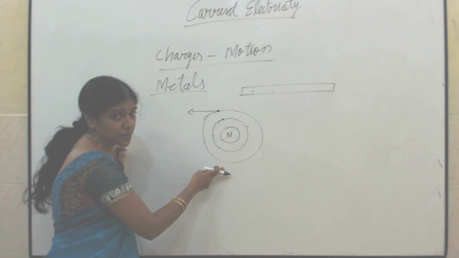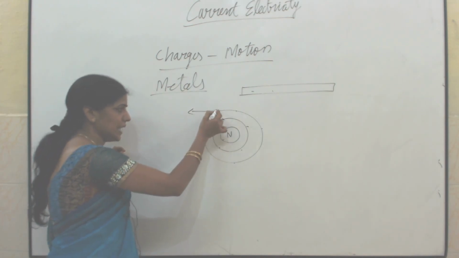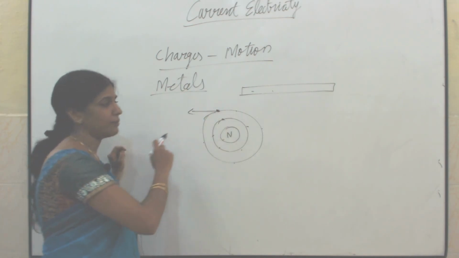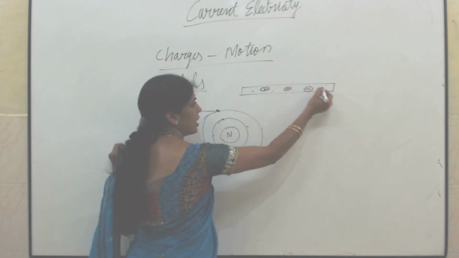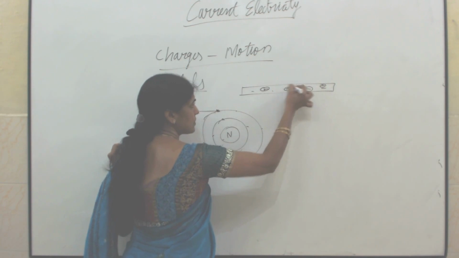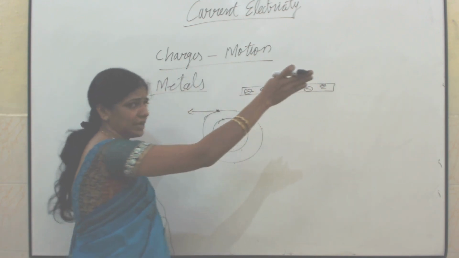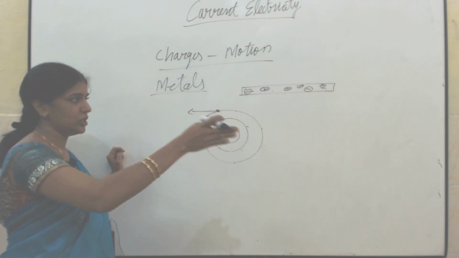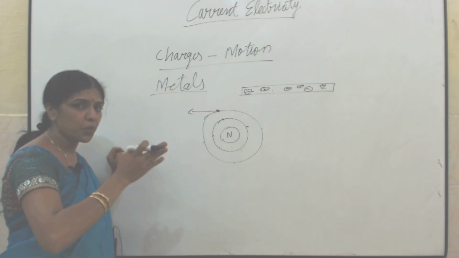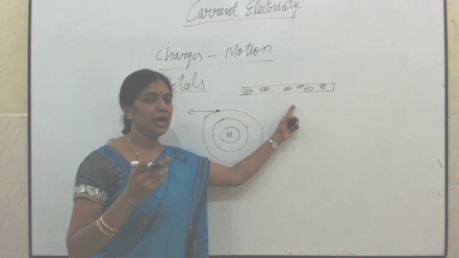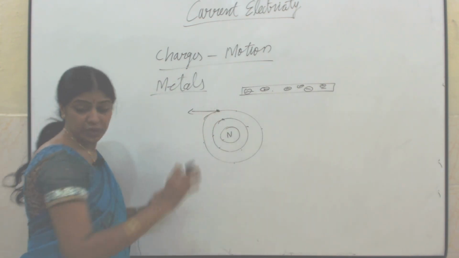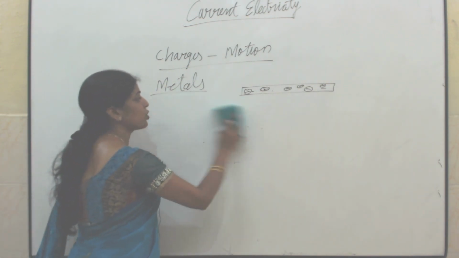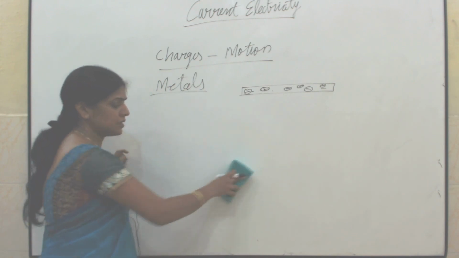Now, this atom will become a positive ion, and the electrons taken out from the atom will be moving inside the conductor in a random direction. They will not move in a definite direction. They will be moving inside the conductor in a random manner. These electrons we call free electrons.